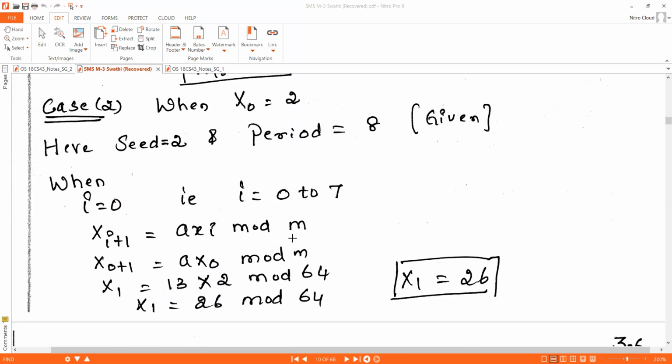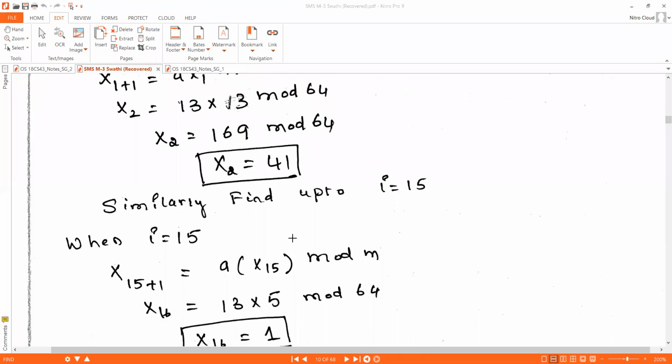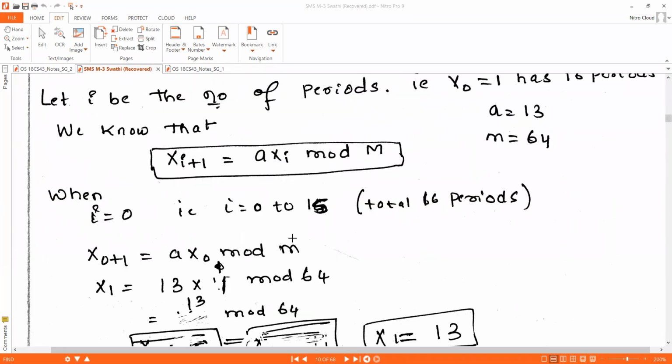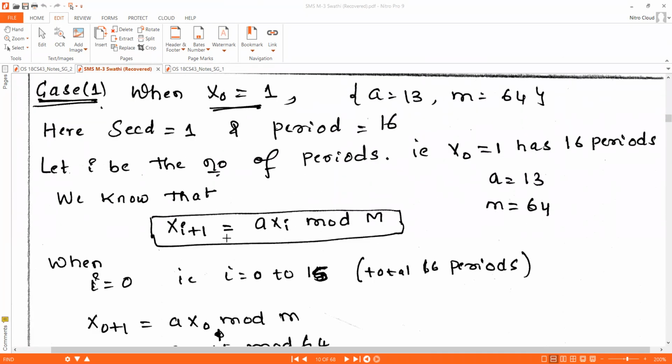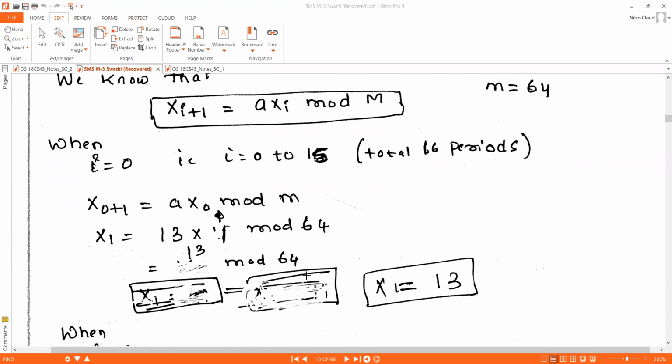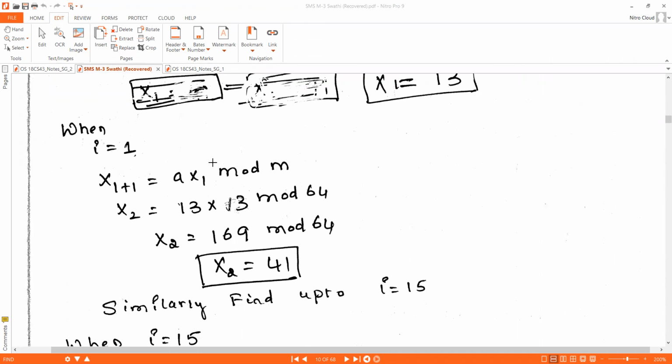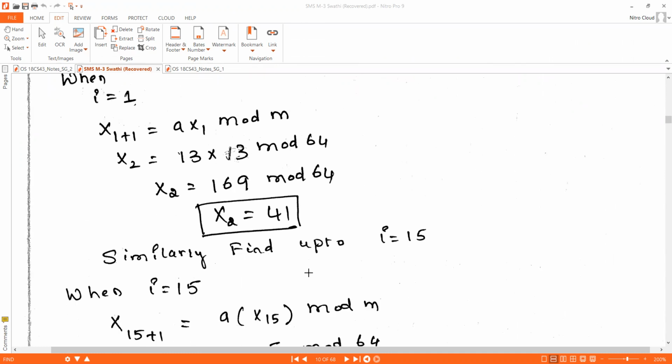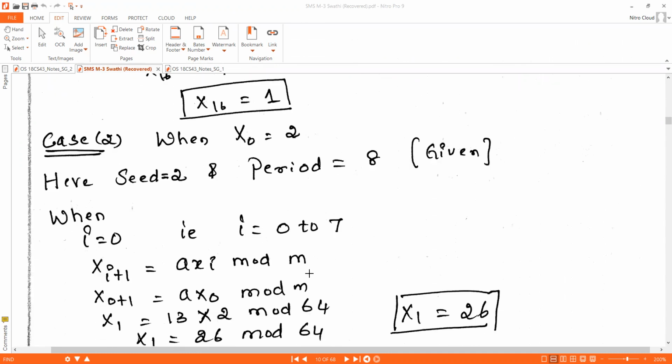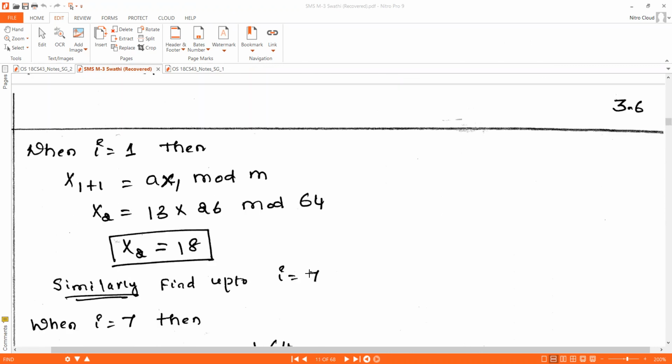When x0 is equal to 1, what is the first xi value we got? That is 13. Next it is 41. That we'll write in that table, for all the periods.